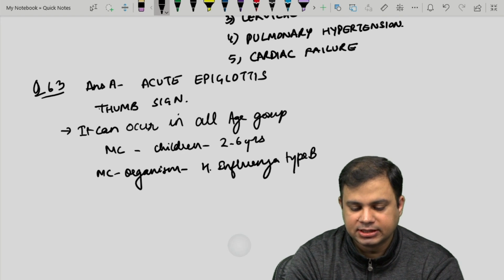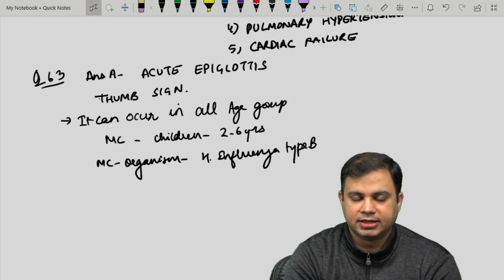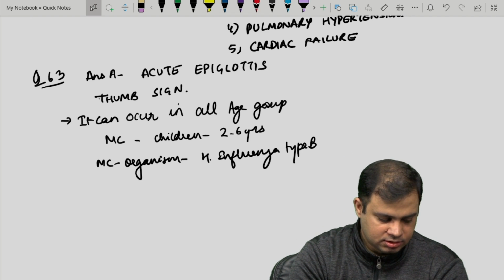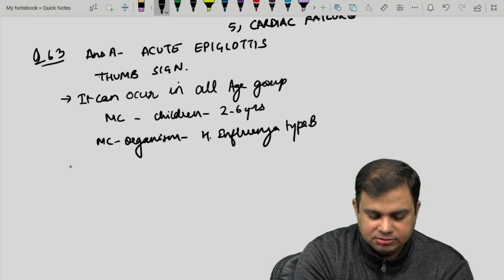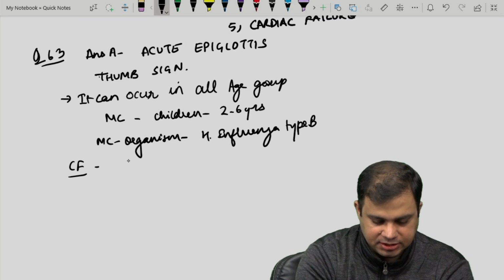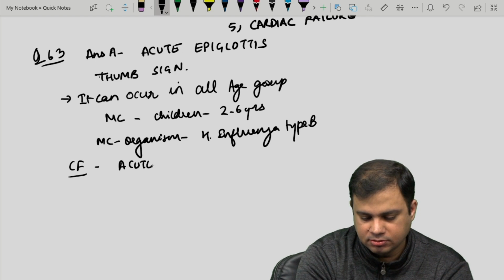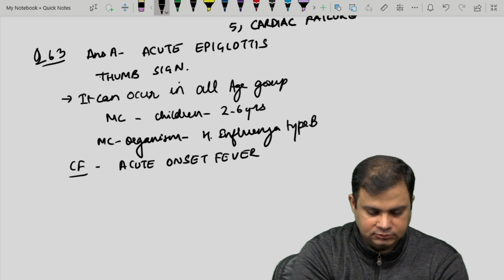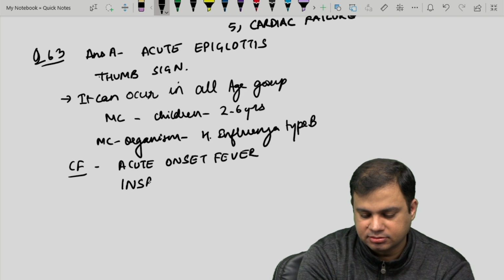It can be caused by other organisms like Streptococcus pneumoniae. How will the patient present to you? The patient will come with acute onset fever. There will be an inspiratory stridor.